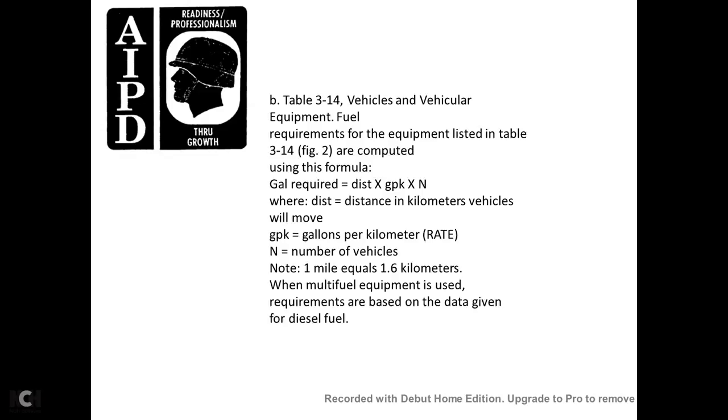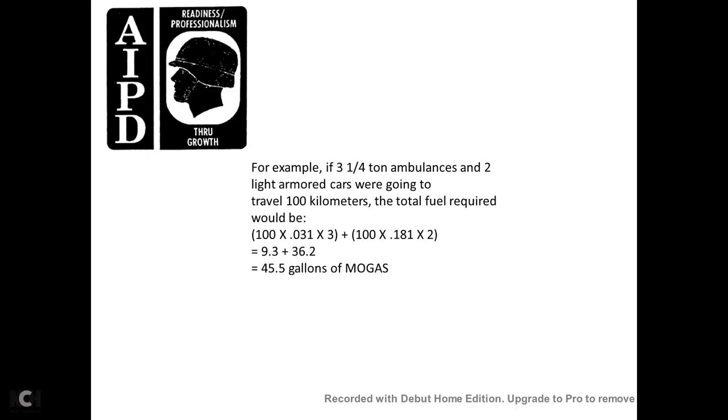of JP4 fuel. Table 314, vehicle or equipment fuels. Requirements for the equipment listed on Table 314 are computed using the formula: gallons required equals distance times gallons per kilometer times the number of vehicles, where the distance is the kilometers the vehicles will move. For example, a 3/4-ton ambulance and two light armored cars are going to travel 100 kilometers.